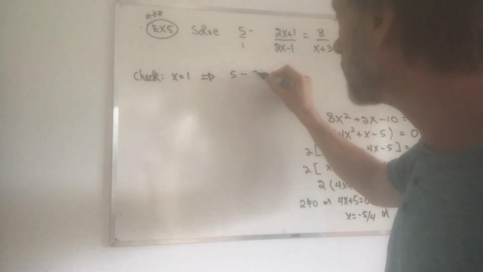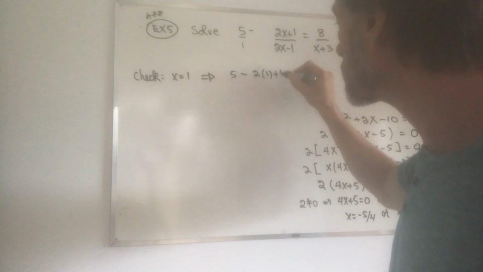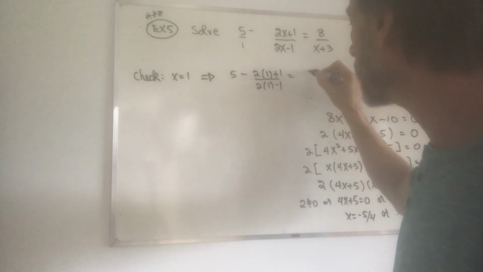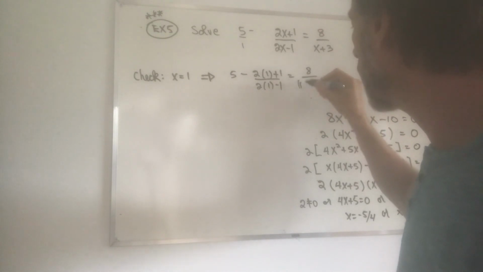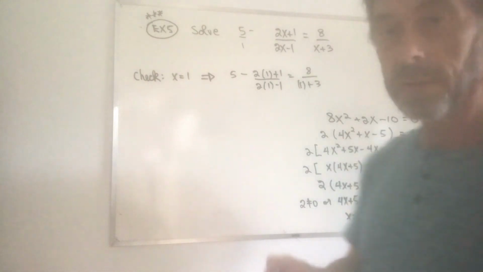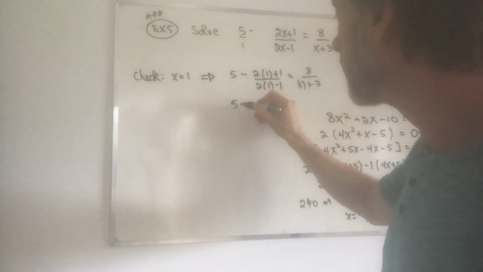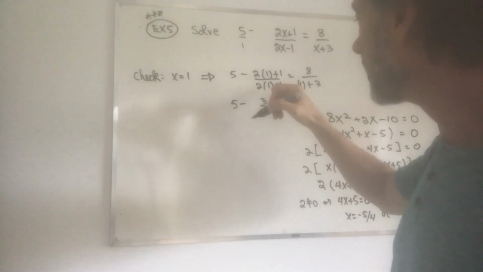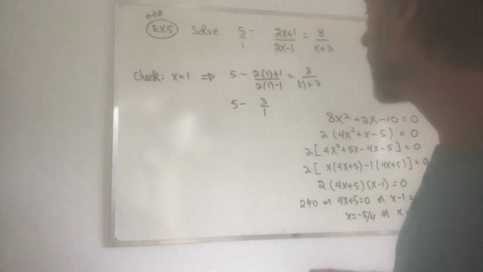So 5 minus 2 times 1 plus 1 over 2 times 1 minus 1, and that should be equal to 8 over 1 plus 3. Does that work? 5 minus 2 times 1 is 2, plus 1 is 3. 2 times 1 is 2 minus 1 is 1.